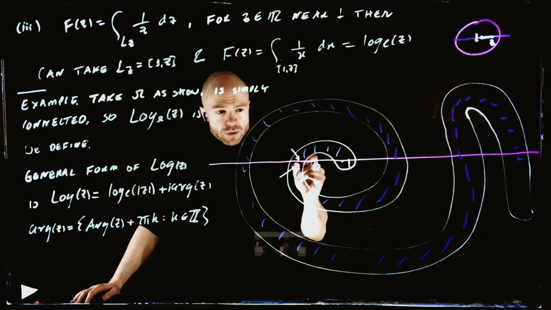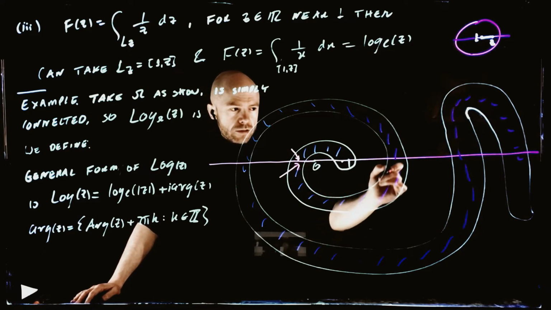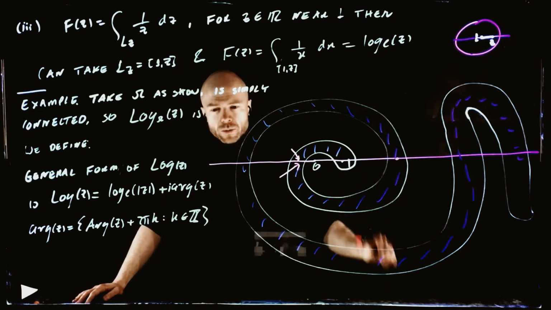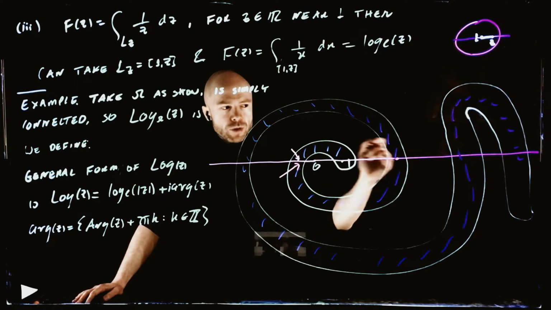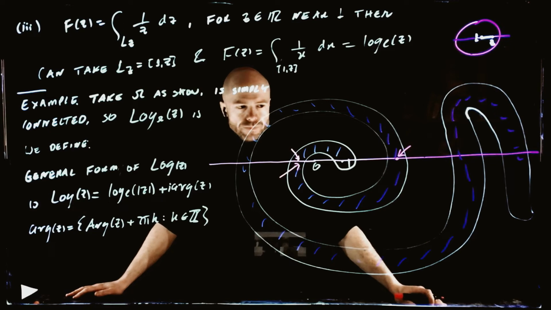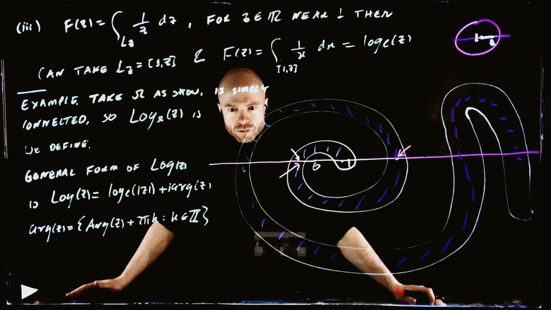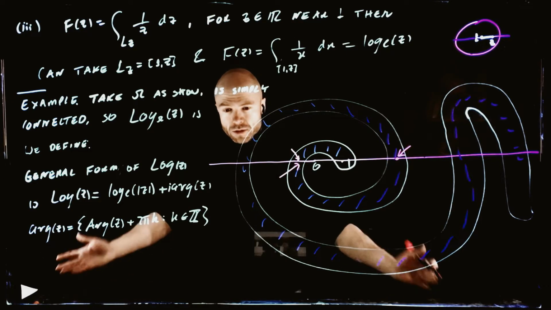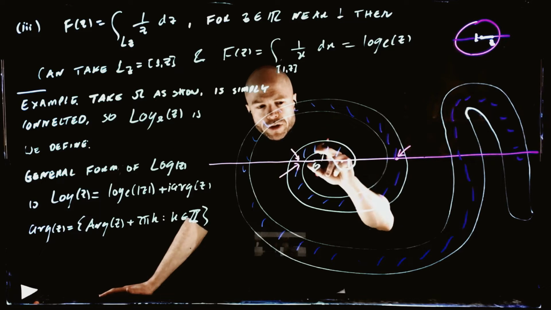And we're going round and round and round. What is going to be the imaginary part of our complex log right here? Two pi, right? Because this argument, this imaginary part is changing continuously, right?